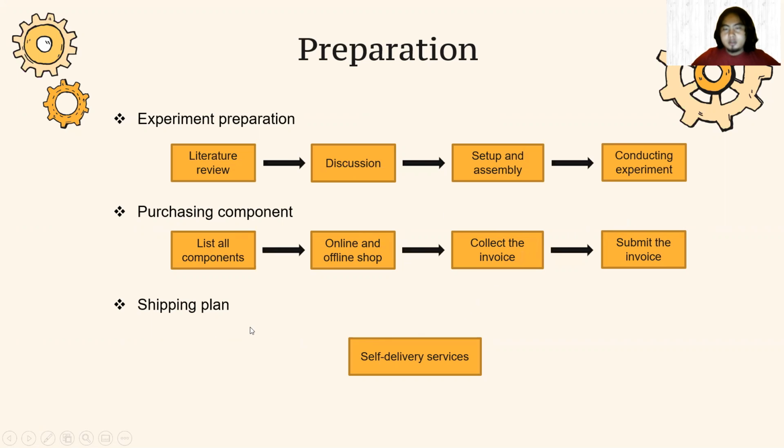And about the shipping plan, since this is group work, we will use self-delivery, meaning that we will deliver the experiment setup to teammates by ourselves. So it will reduce the shipping cost.